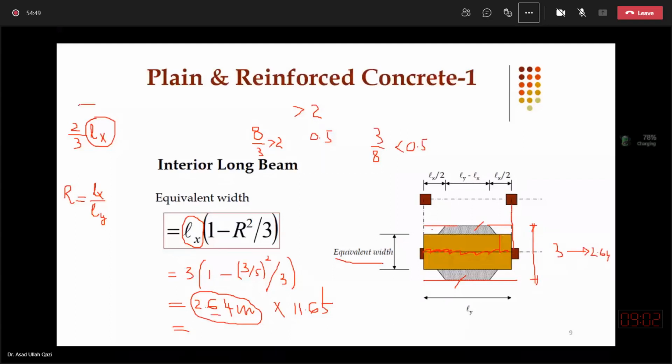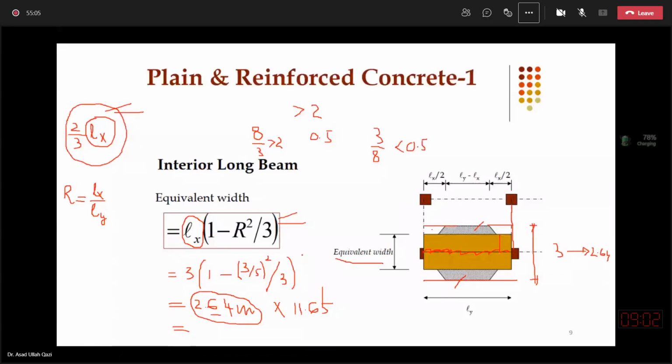This equivalent width will be used to determine the load transferred to the short beam, and this equivalent width will be used to determine the load transferred on the long beam.